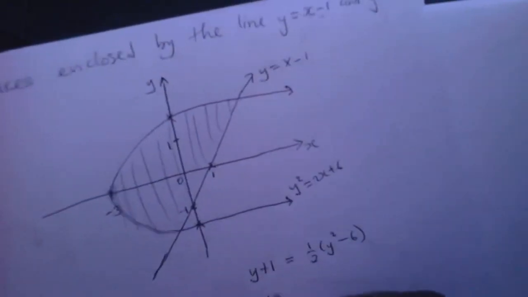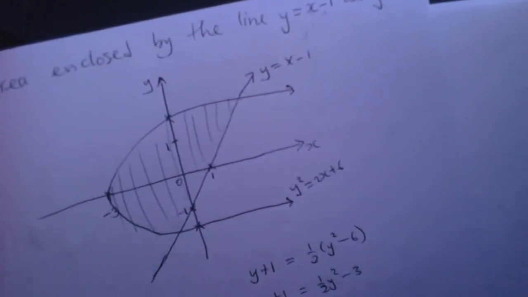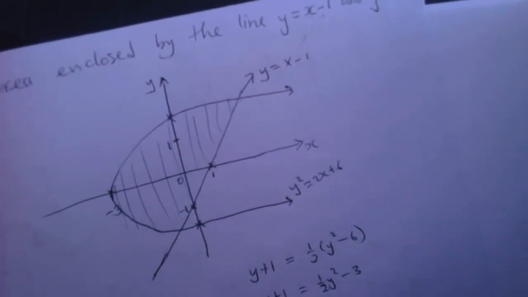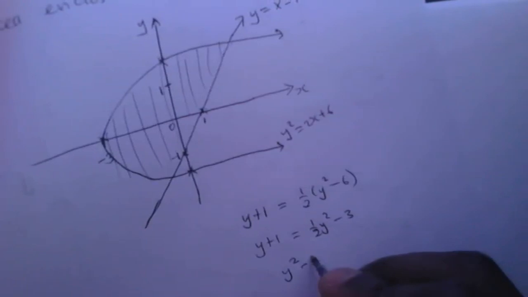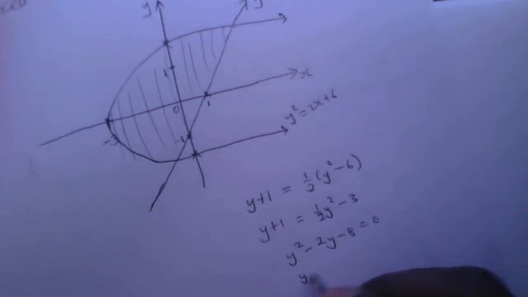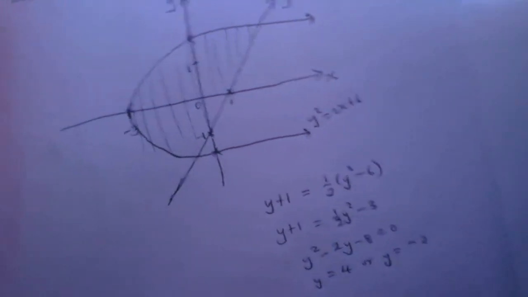And if you solve that, you have y plus 1 equals half y squared minus 3. And you end up with y squared minus 2y minus 8 equals 0. And that gives you y equals 4 or y equals minus 2.